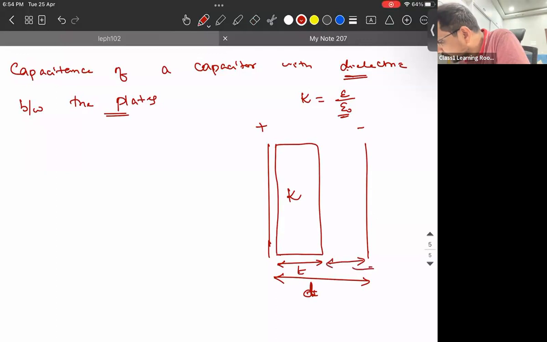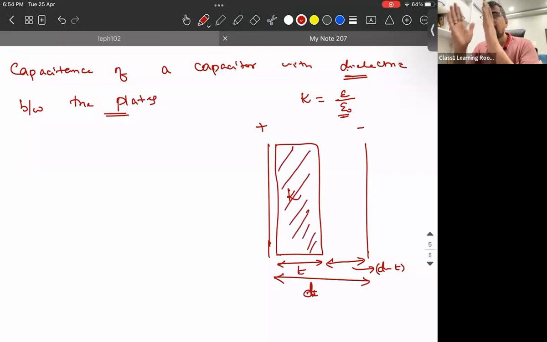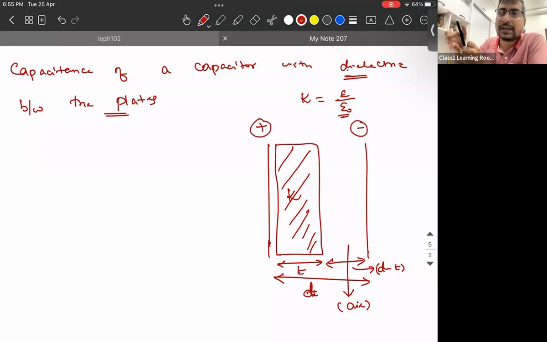The remaining distance is going to be D minus T. What I'm trying to tell you here is, if I keep my hands like this, between them there is a slab of thickness T, and the remaining part is air medium, whose permittivity is epsilon naught. Now, due to this positive and negative charge, there will be an electric field generated in the rightward direction.